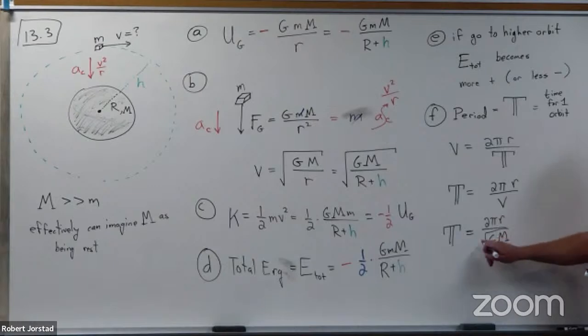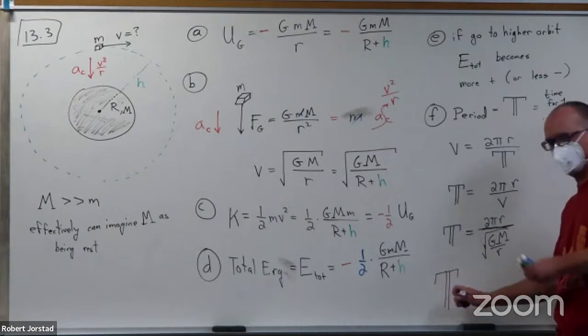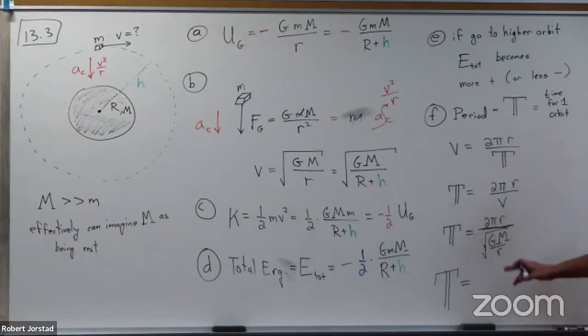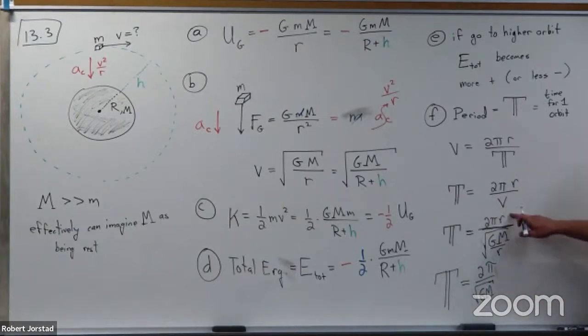Ooh, got a nasty fraction here. Well, in this case, I could simplify that. I'll rewrite it up top. I'm going to get 2 pi over the square root of GM, mass of the planet, times R to the, what do I get?